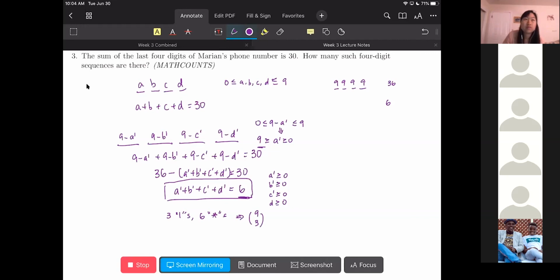Which we can write out. This is 9 times 8 times 7 over 6, or just say 3 times 2. So we can cancel this, 3 times 4. So this gives us 12 times 7, which is 84.